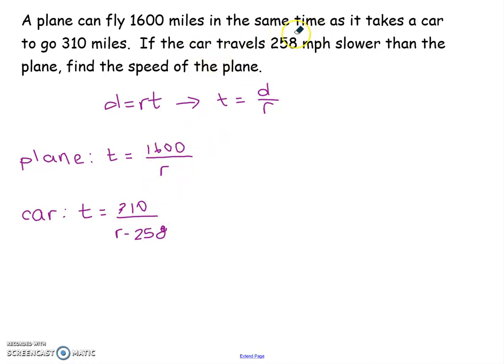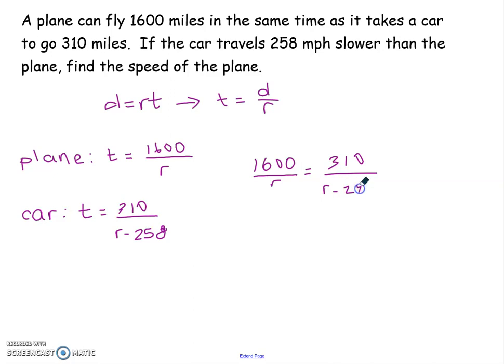Since we know they travel in the same time, we can set these two equations equal to each other, since they both are equal to t. So what we're going to do is 1,600 over r, and that's going to be equal to 310 over r minus 258.